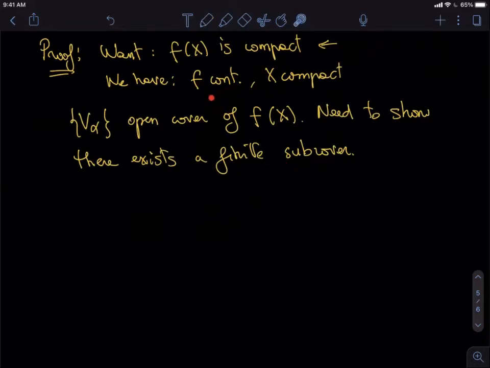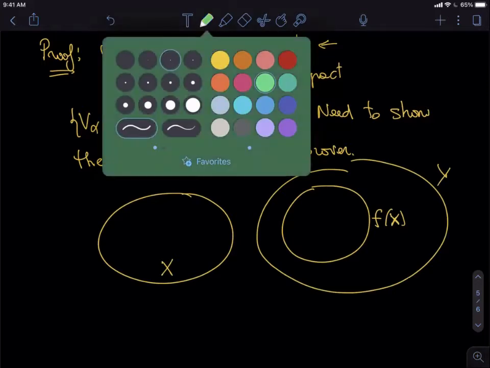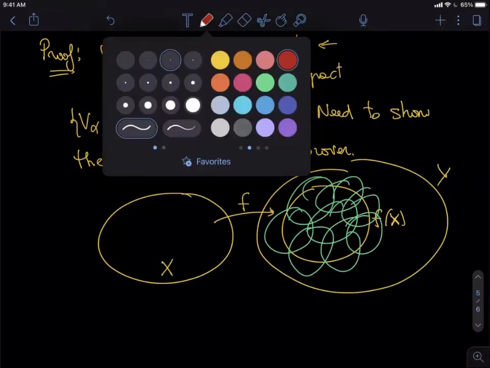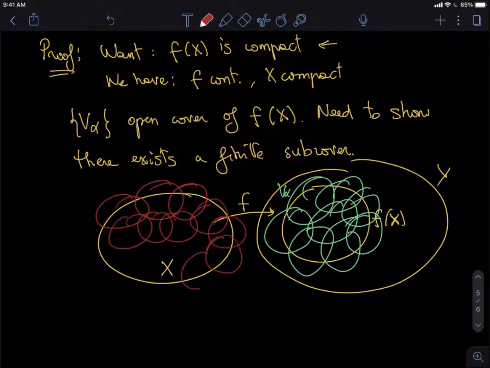And the only two things that we have available are the continuity of f and the compactness of X. So somehow we have our f of X here that lives in Y, and here we have X. And somehow we have a cover of f of X. The only way we can hope to get the finite subcover is to send everything back to X. These are the V alphas, and then we need to bring them back to X. Here will be a mess.